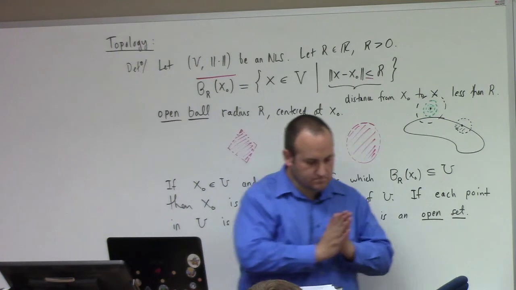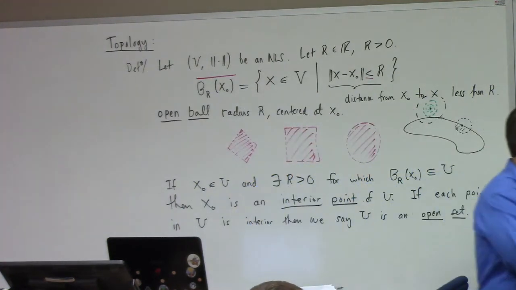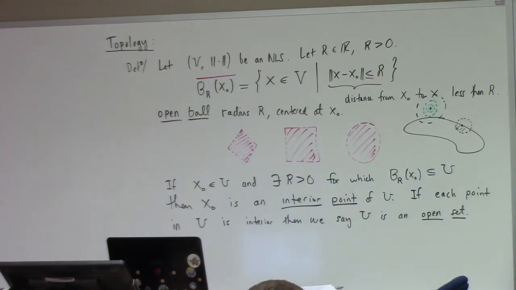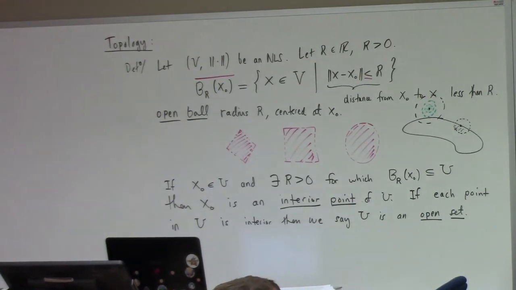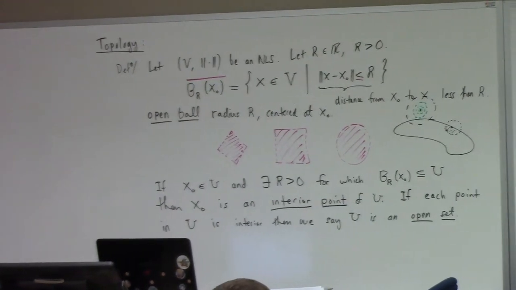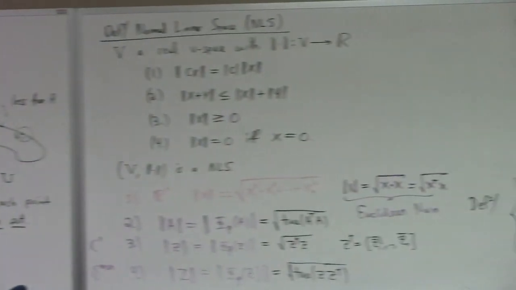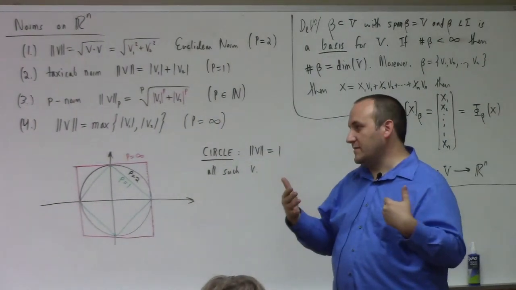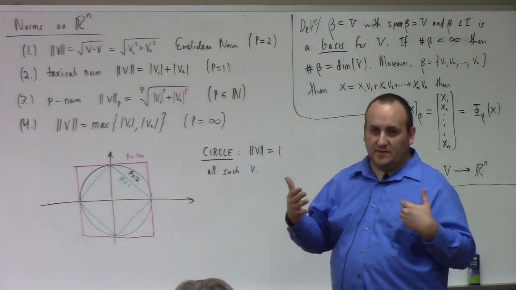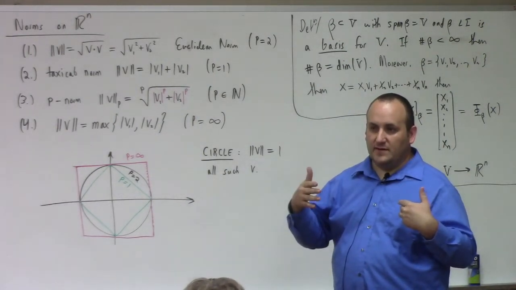So the point I wanted to make with you here, and why I'm jumping a little bit around in the notes, is because I think it's good to have this discussion together in terms of one story arc. If you start thinking about the plane, it's a good example to understand basic topology. What we're talking about is really metric topology, because it's topology which is born of a distance function.